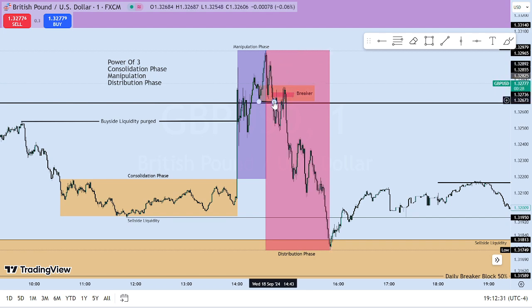Then breaking lower low. Started going lower low. We had a high, here is a high, then here is a low, then we had another higher high here, trading down, then we created a fair value gap here.